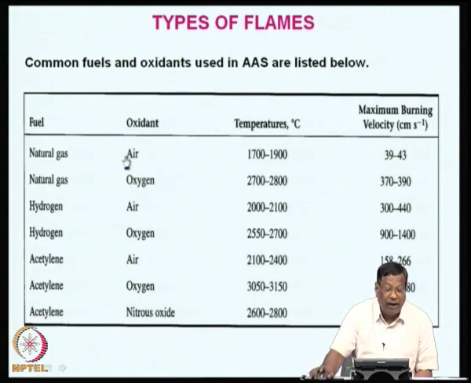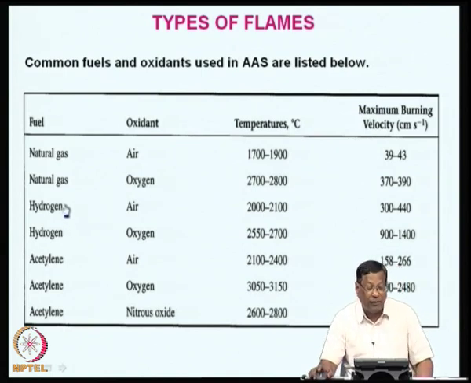Suppose you replace air with oxygen, that means you are giving more oxidizing capability. Then the temperature of the flame increases to 2700 to 2800, and the burning velocity increases almost 10 times, from 39 to 370.